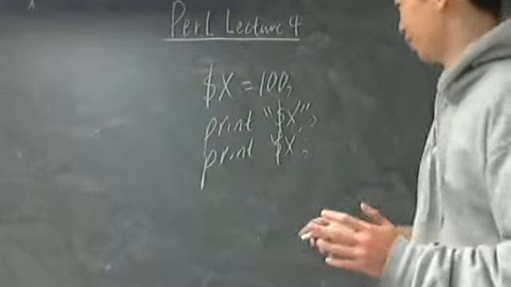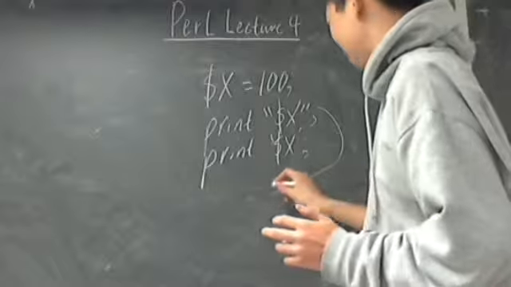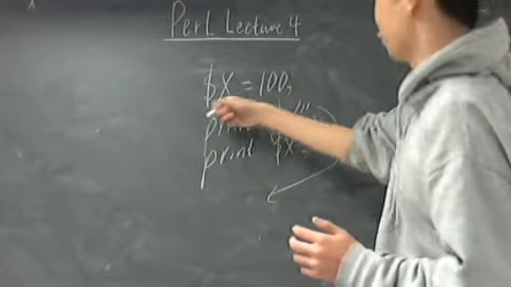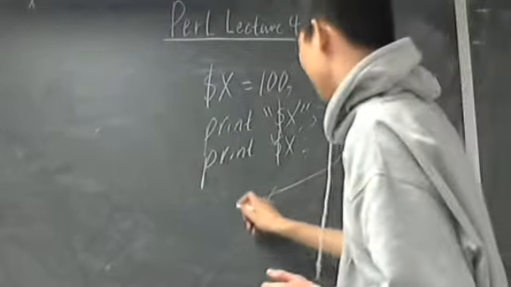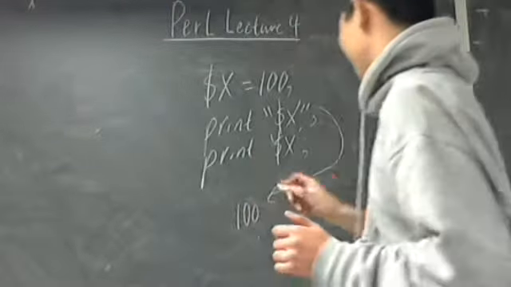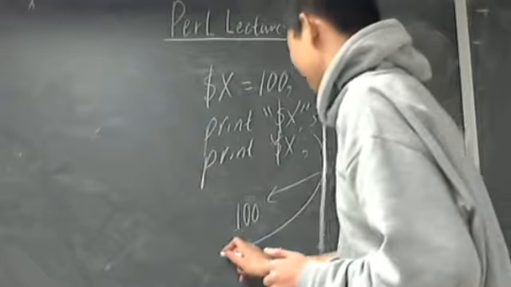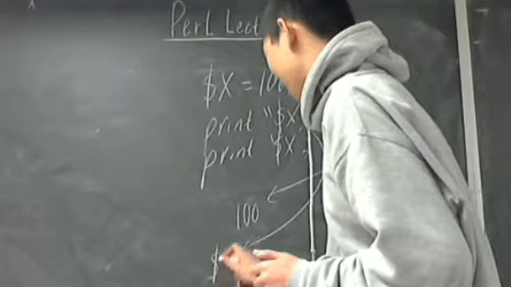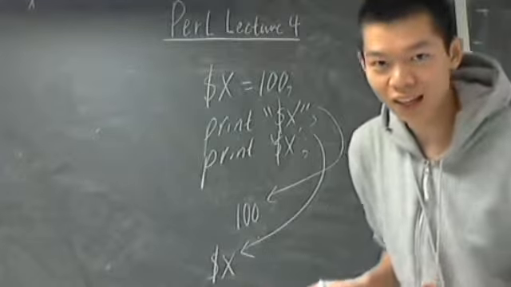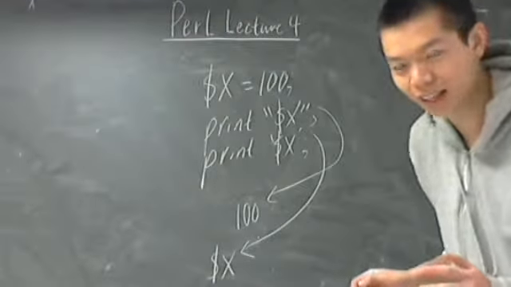Now let's see how interpolation works. This will print out the actual value of x and print out 100, while this right here will just print out the characters $x. Okay? That is a key idea, interpolation.